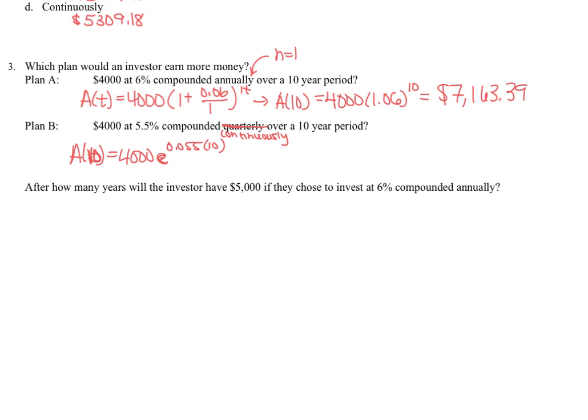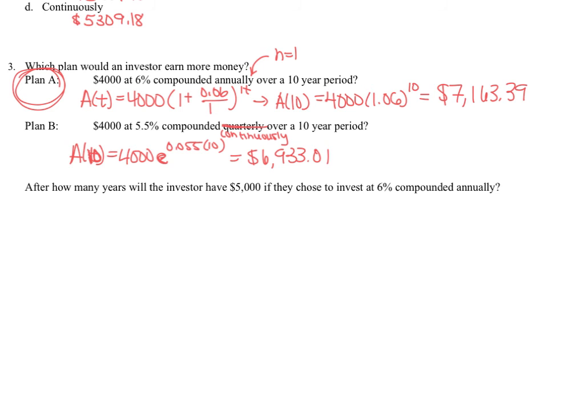So this is A of 10, not A of t. So that gives me $6,933.01. So plan A would be the better choice if it's only over a 10-year period.